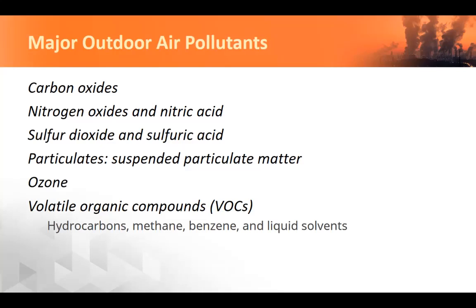We have ozone, which was beneficial up in the ozone layer, but here low level ozone is a problem. And then we have our VOCs, or volatile organic compounds. These are your hydrocarbons, your methane, your benzene, your liquid solvents, these types of things. Those are the major pollutants we've been covering.